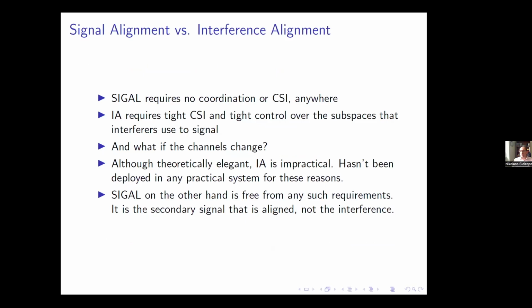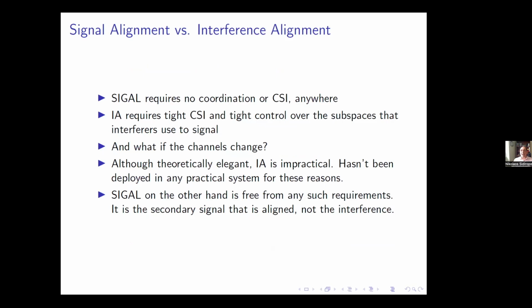Now, I call this technique, I named it signal alignment, because what you do is you align the signal through repetition in this particular case. And I'd like to compare it to something that is quite well known in the wireless communication community, known as interference alignment.